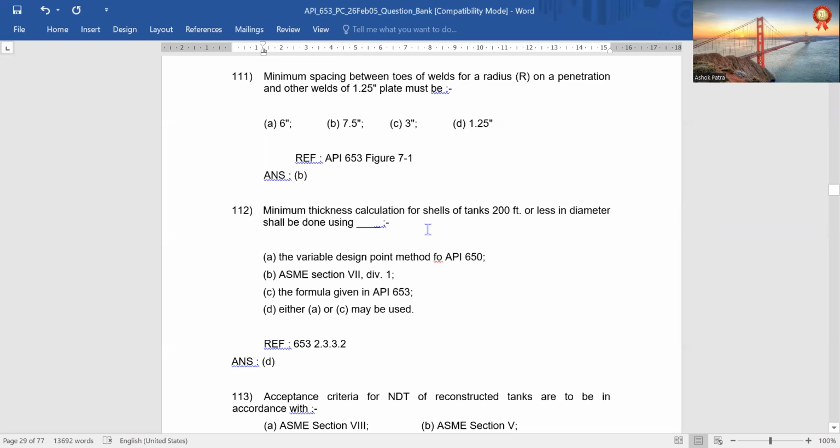Minimum spacing between the toes of weld for a radius on a penetration other than welds in 1.25-inch plate must be 7.5 inch.